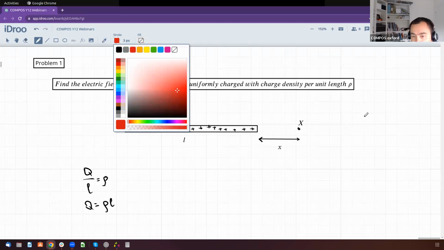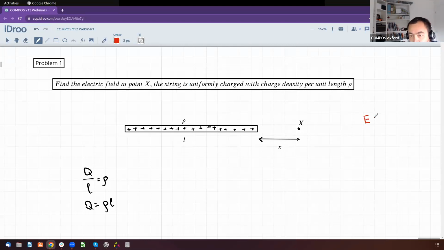we know that the electric field from a point charge is Q divided by 4 pi epsilon naught r squared. So if you want to find the electric field at point X, you find the electric field. Obviously it's going to be to the right.